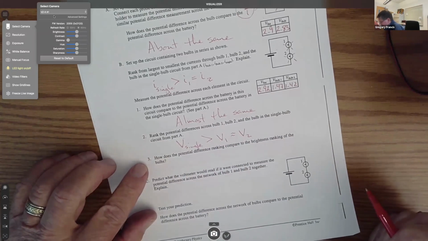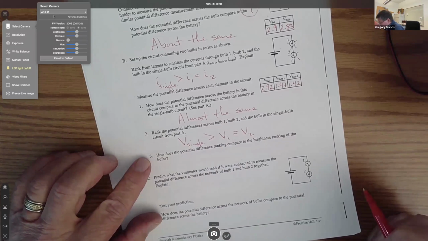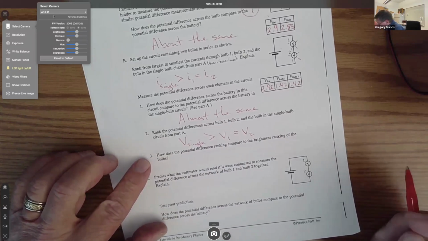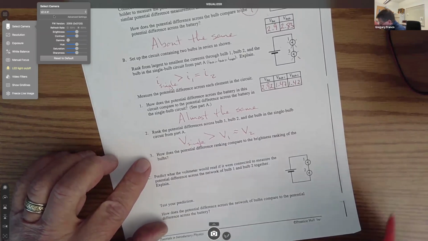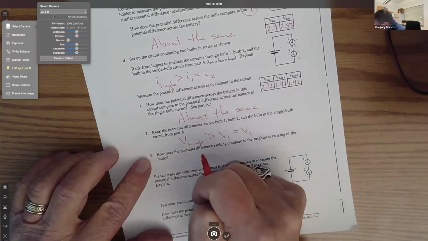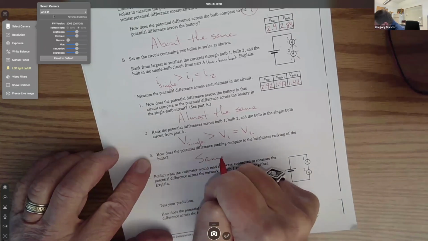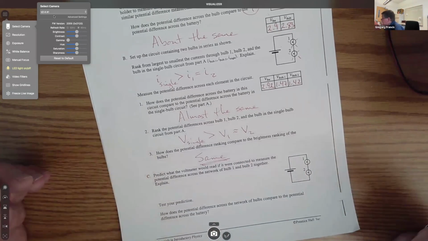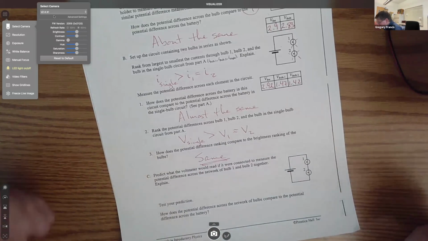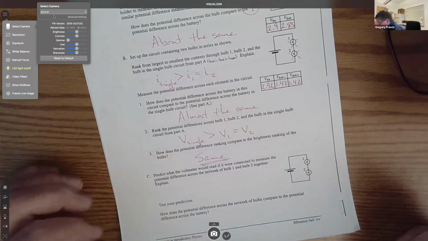We're not going to concentrate on small differences. How does the voltage difference ranking compare to the brightness ranking of the bulbs? The same. The bulb that has the more volts across it is the brighter bulb.